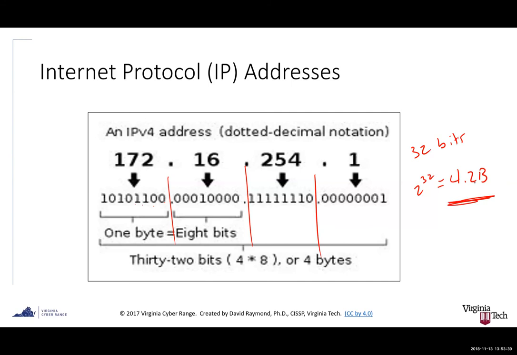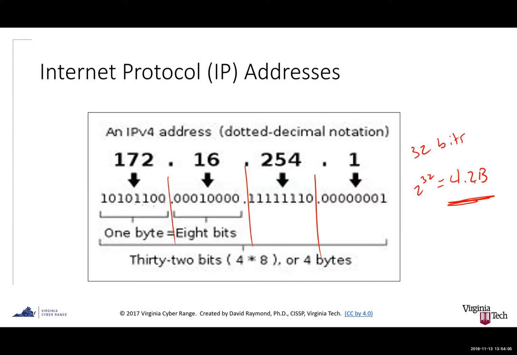And if you think back to 1973, when guys like Vint Cerf and Bob Kahn developed the IP protocol, there were a total of maybe a few dozen systems that were going to be on what was the internet in those days. And so they said, holy cow, 32 bits, 4.2 billion devices. There aren't even that many people in the world.